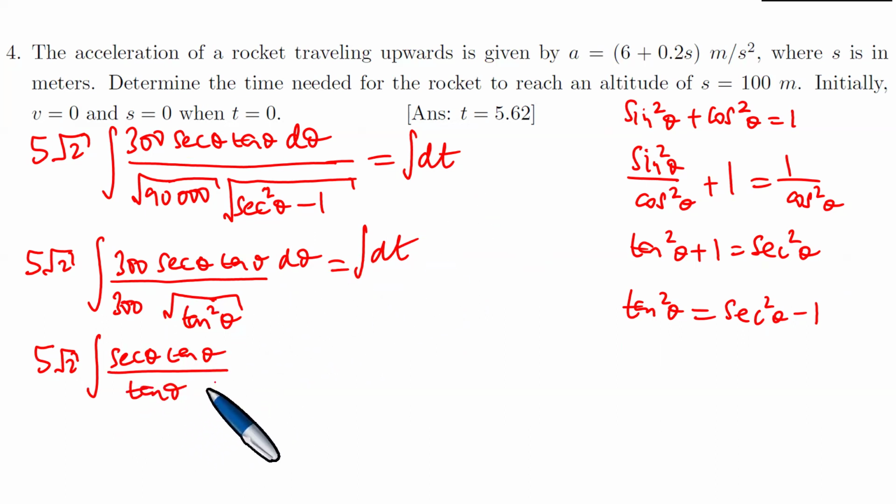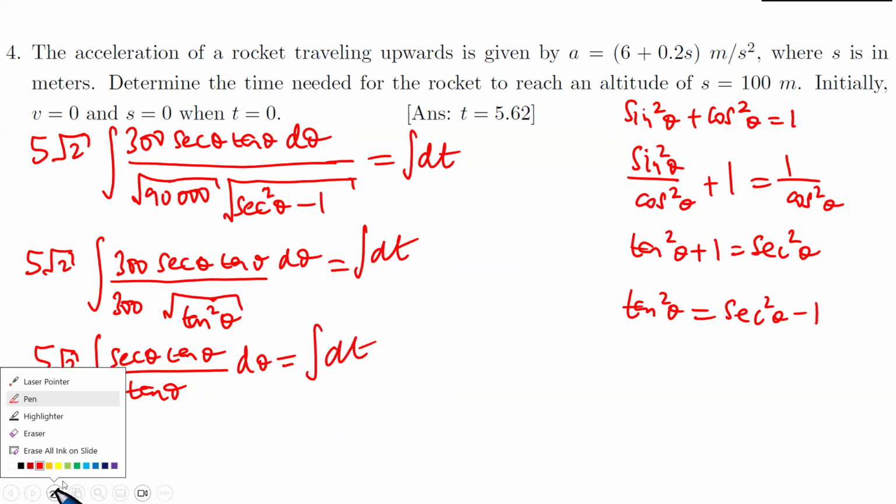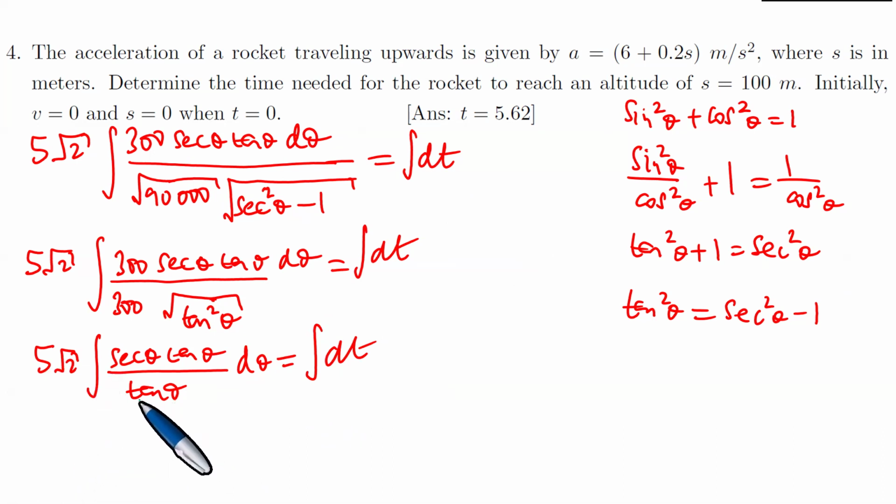We are actually looking at reasonably very small angles, and dt. So now what we have here is that the tangent of theta cancels out, and we have 5 the square root of 2, the integral of the secant of theta d theta.